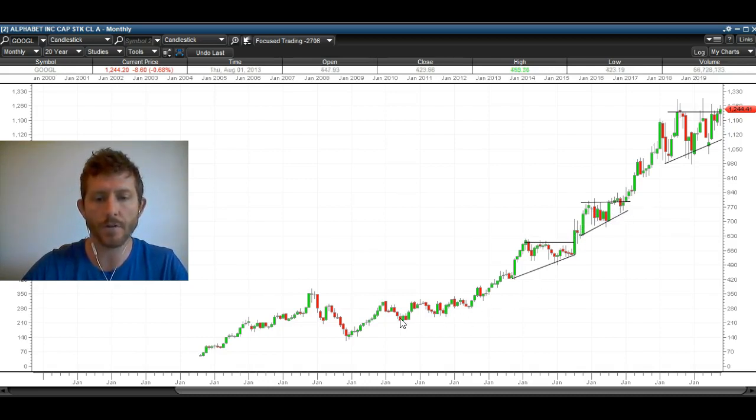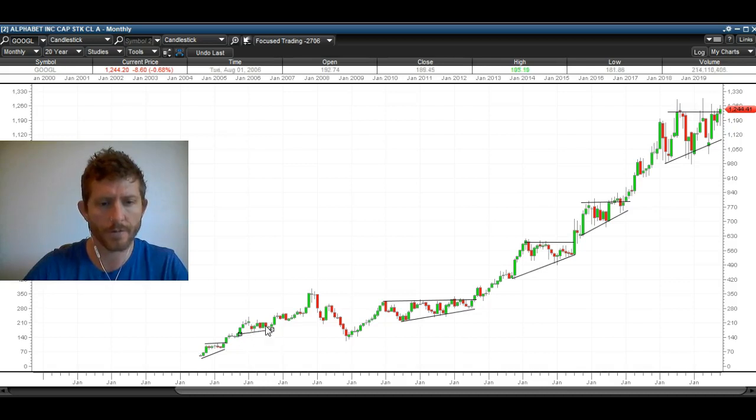And then you can see over here, here's another one, trading sideways with an ascending wedge. Boom, multi-year run right here. All right. Another time this happened was right over here. Higher prices.